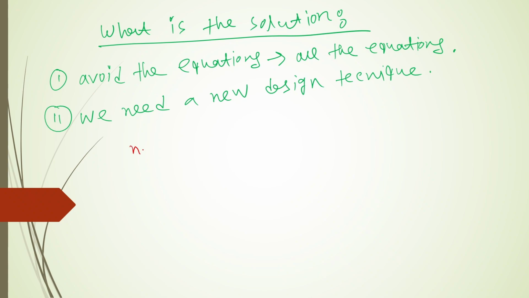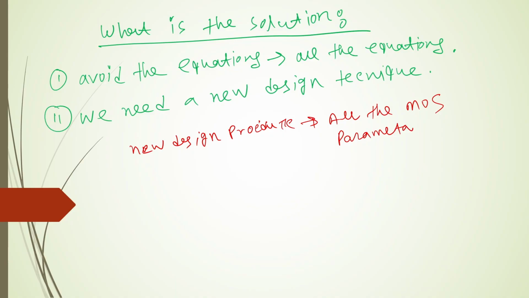If we arrange a new design procedure, we need to introduce all the MOS parameters, like all the short channel effects and everything we need to understand from the design procedure. And our hand calculations, we will explain in the next tutorial video.